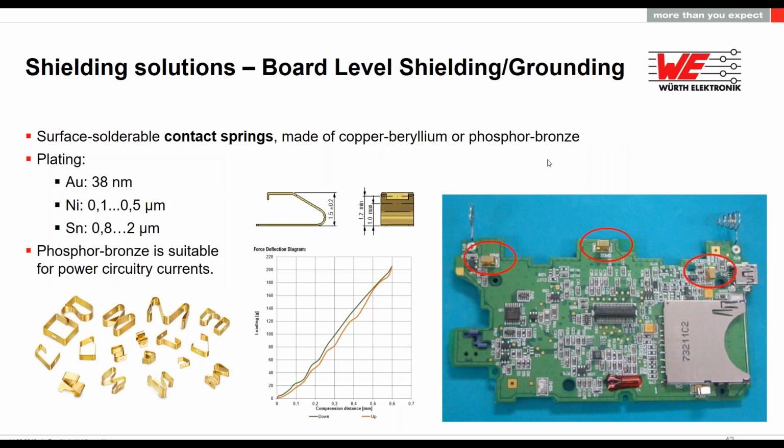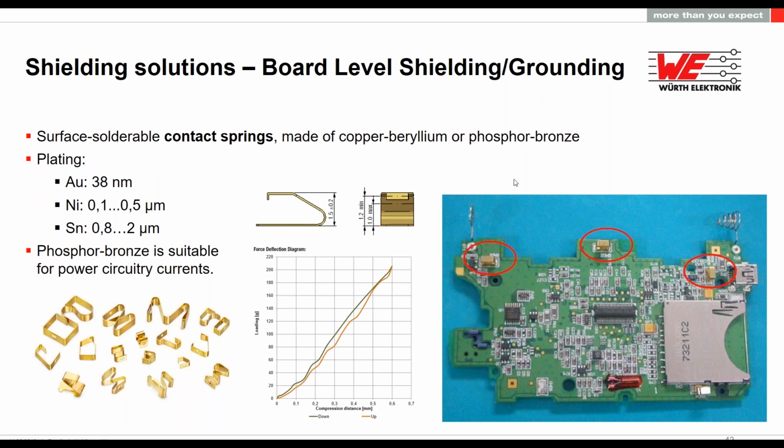So on board level shielding, also for grounding, we can use contact springs. These contact springs are low impedance connections, so we can use them for either ground plane sharing between PCBs or power sharing, also for RF connections, we'll see later. And here you can see normally the more connections you have, the better for the low impedance connection.